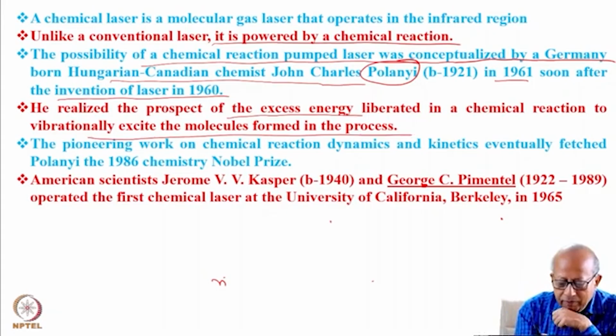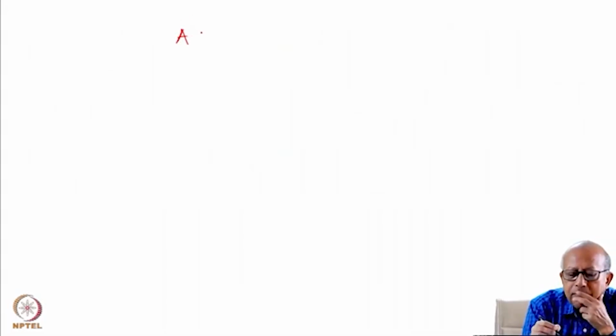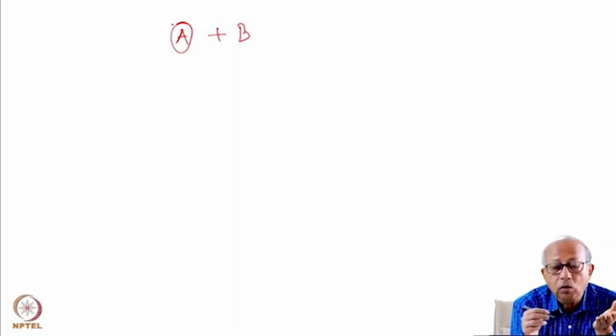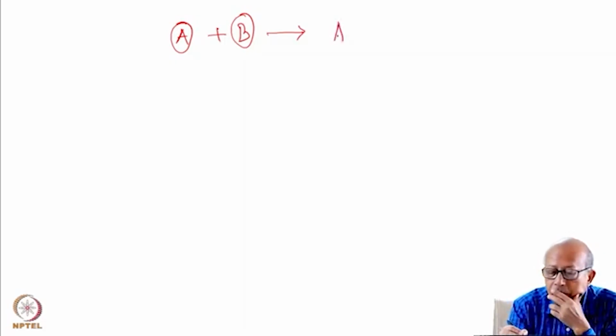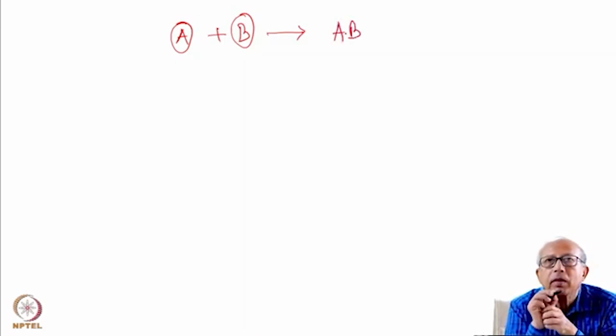So basically, what he thought is that, suppose let us consider two species, A and B, which could be either atom or molecule. They react and form, suppose, a molecule which is AB.